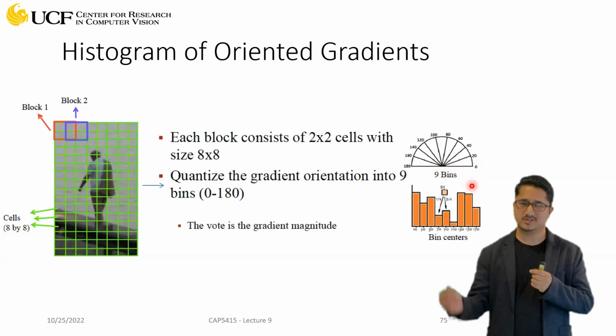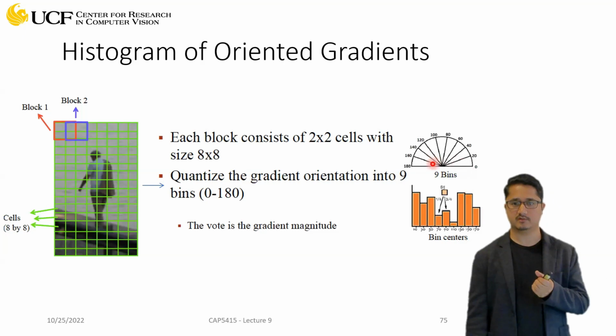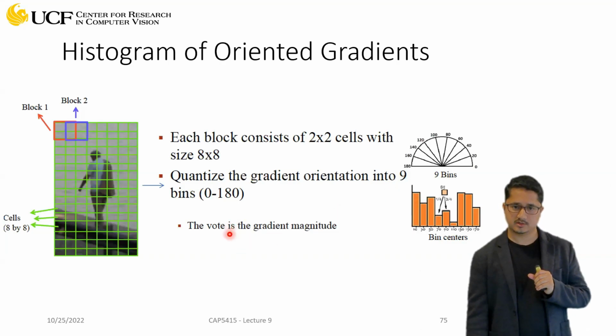Then you don't just count that into the bin. For example, let's say the orientation is 15 degrees. You don't just simply say that, okay, for this particular bin, you have 1 pixel. That was the very, very traditional way. It's slightly more complicated than that. What you do is you do voting, and for voting, you use the gradient magnitude.